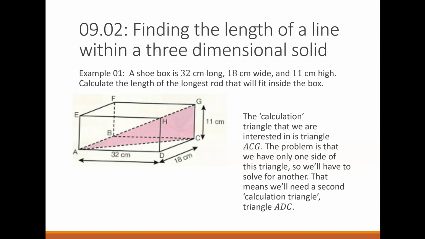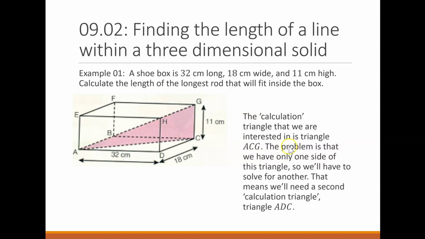But when you think about an actual box, yeah, diagonal from top to bottom, right? Should be pretty obvious. So the calculation triangle I need is this triangle AGC, because it involves going from the top back corner to the bottom front corner.